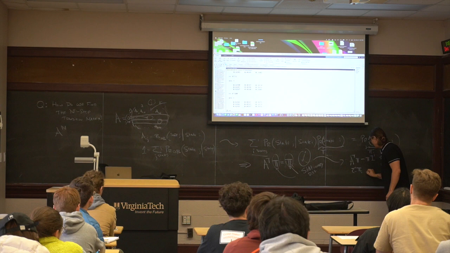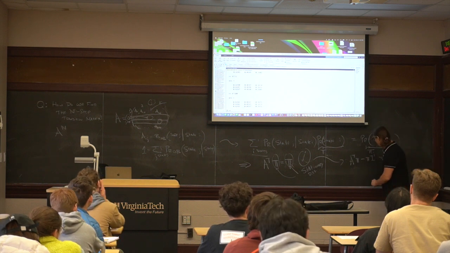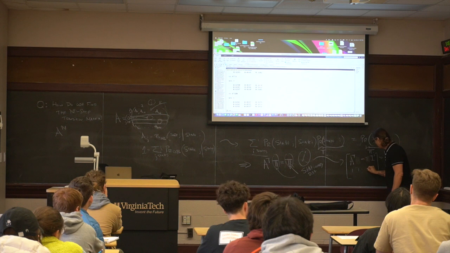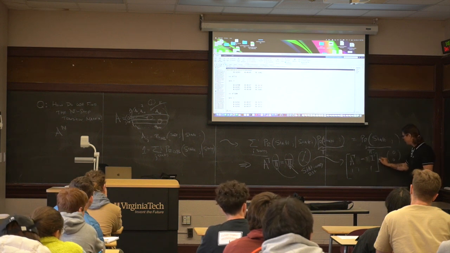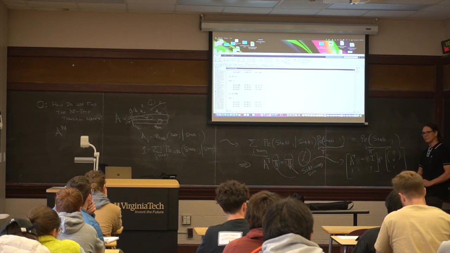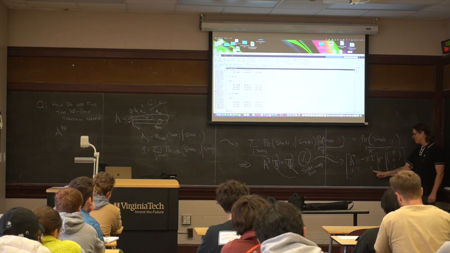Sum of the πᵢ's is equal to 1. So that's easy to do. I can end up pulling that π out from right here. I can put in a bunch of 1s in here, and I can append 1 over here and multiply this by π and solve that system. So this is the stationary probability part, and this is the sum 1 constraint.